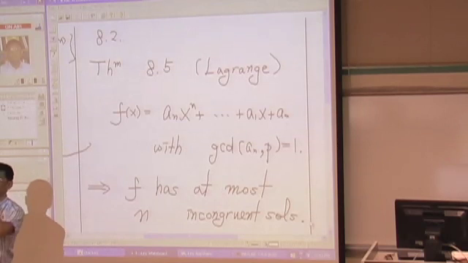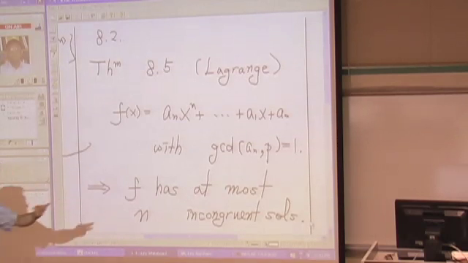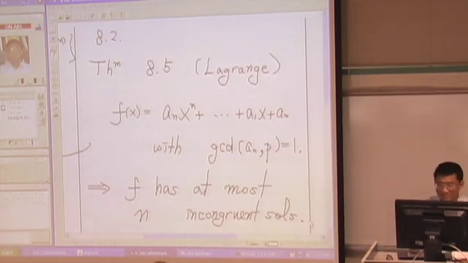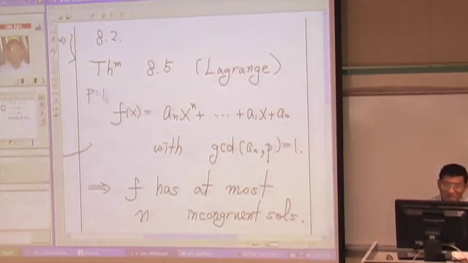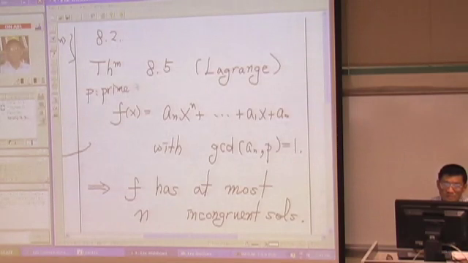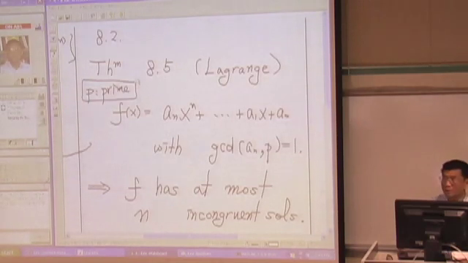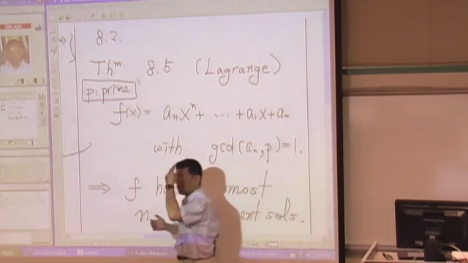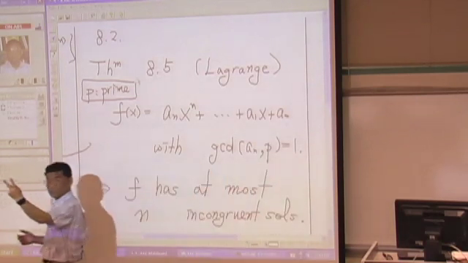In other words, if you have a second order equation with prime modulus, so I will say p is prime, how many solutions can you find? At most 2 solutions.